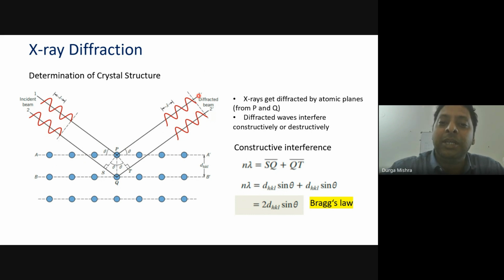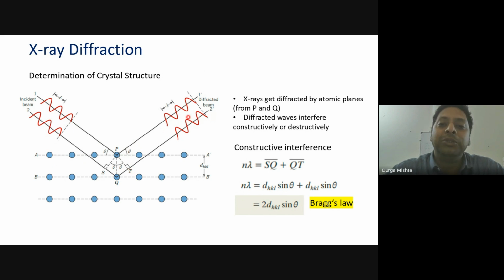That means the amplitudes will add up and give a maximum amplitude, or they will cancel each other out and give a zero amplitude. This interference will happen because of the diffracted waves from two different planes.